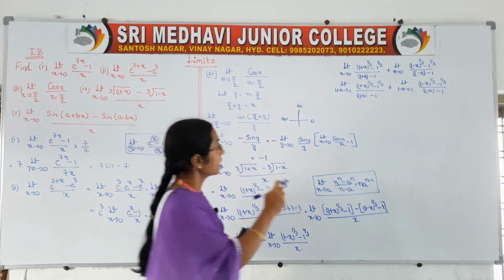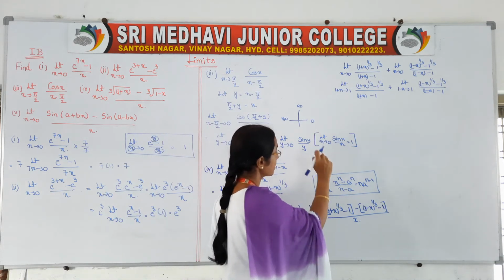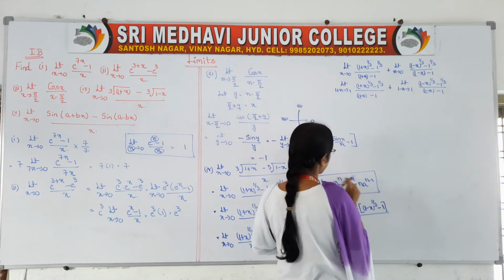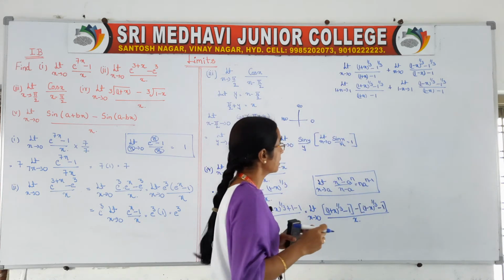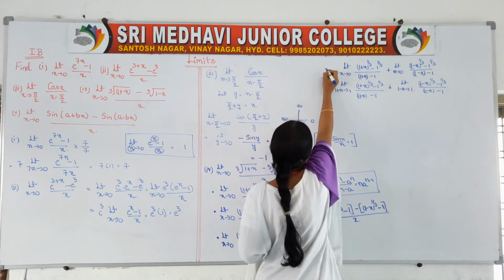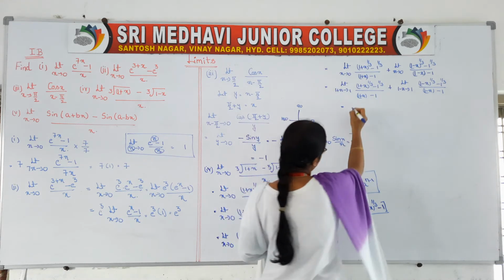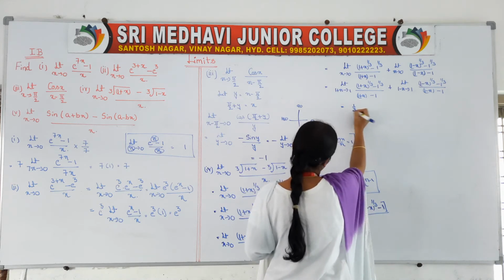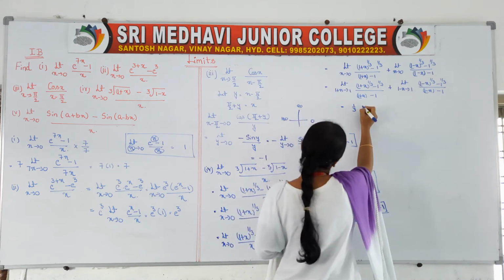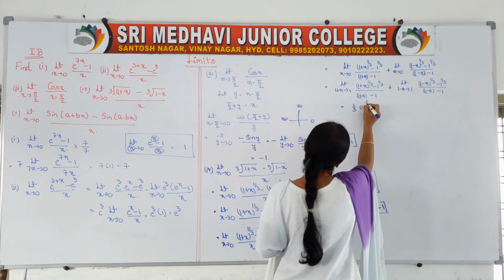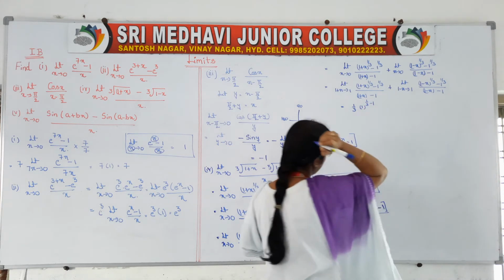Now it is exactly in your formula form. Instead of x we are having 1 plus x, instead of a we are having 1, and in n place we are having 1 by 3. So apply the formula. n means 1 by 3, and a to the power of n minus 1 is 1 to the power of 1 by 3 minus 1.